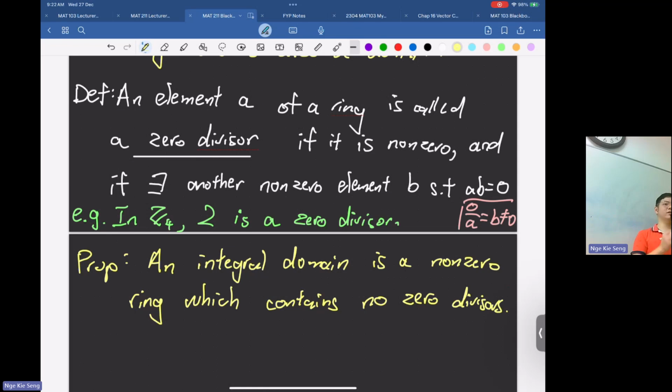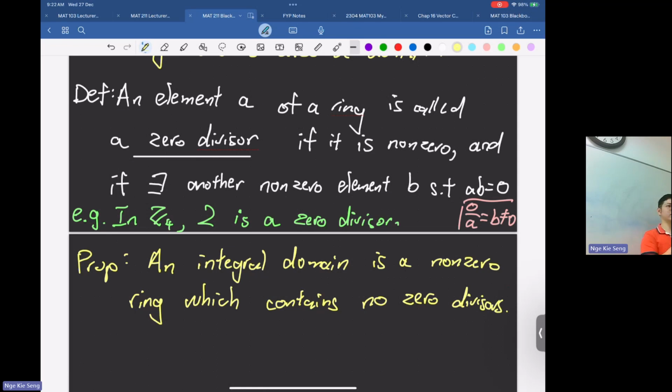I think this proposition is pretty straightforward because zero divisor is tailor-made for things where AB equals 0 implies that A equals 0 or B equals 0. If you take the contrapositive, you should get the zero divisor definition falling out.